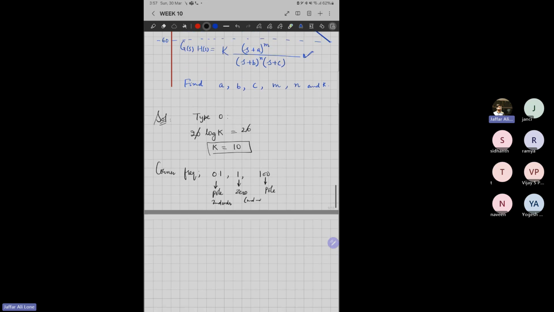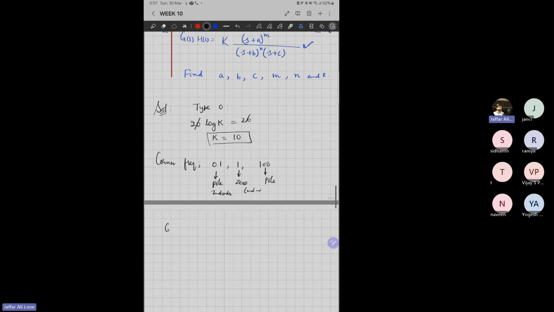Actually, it was given. So now let's write G(s)H(s) as K, which we found as 10. Let's first write it in time constant form, then we will come to the standard form.